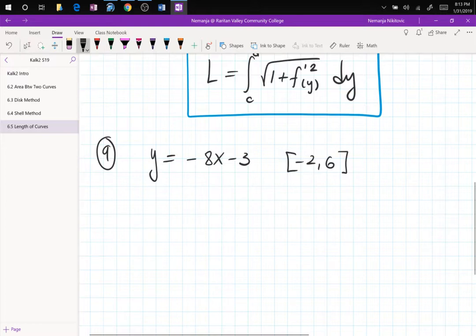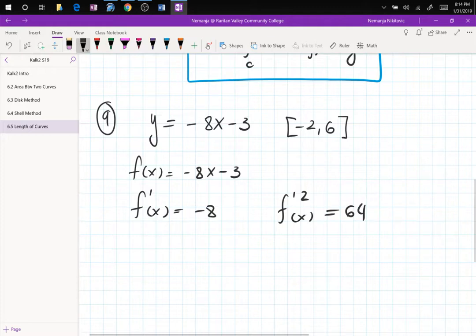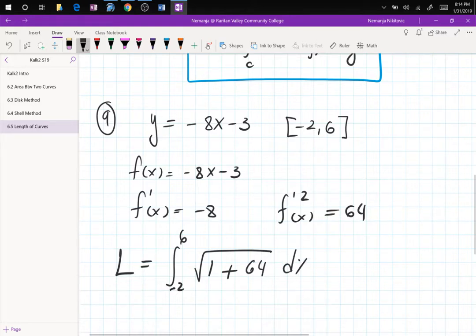So what do I have? I have my f of x as negative 8x minus 3. That means that my f prime of x is just negative 8, meaning that f prime squared of x is 64. So the length of the curve is the integral from negative 2 to 6 of the square root of 1 plus, and now I have to have this f prime squared, which is 64, dx.